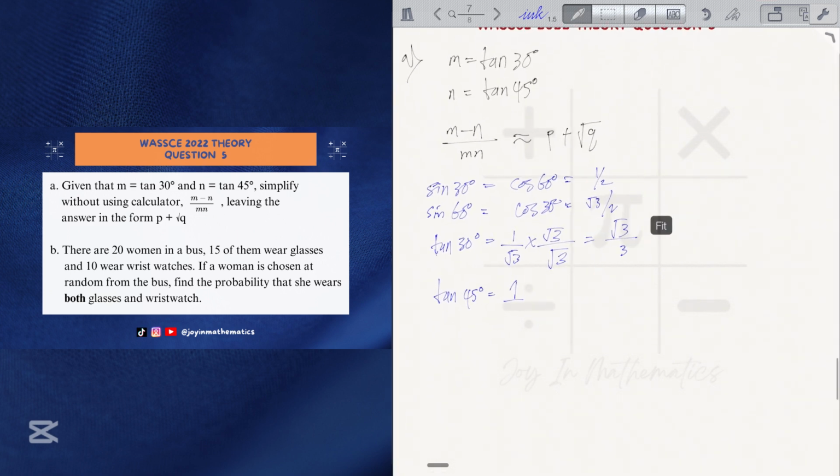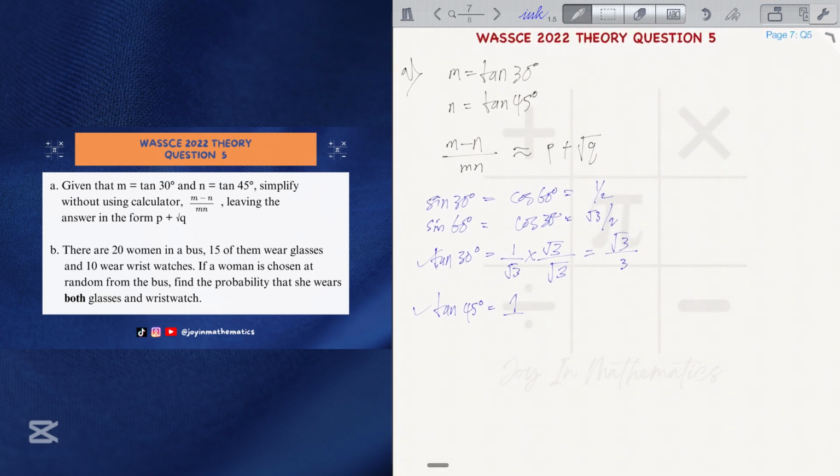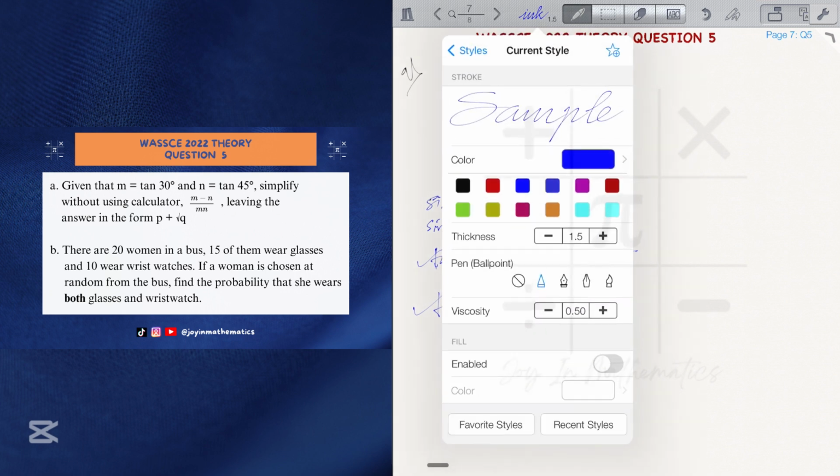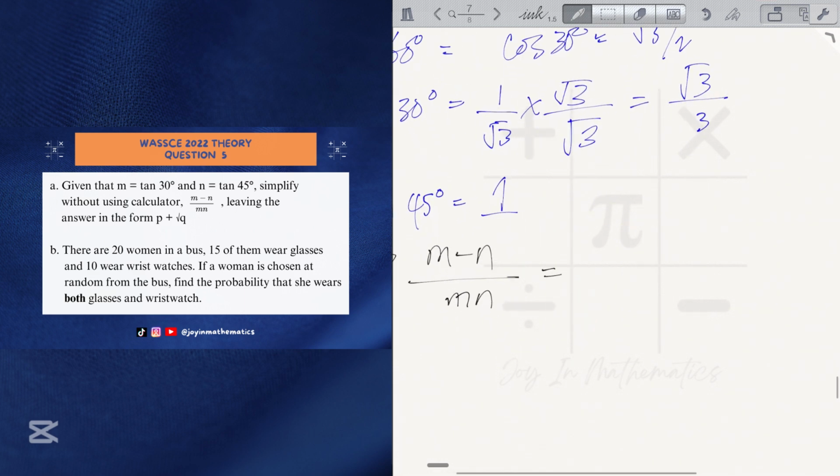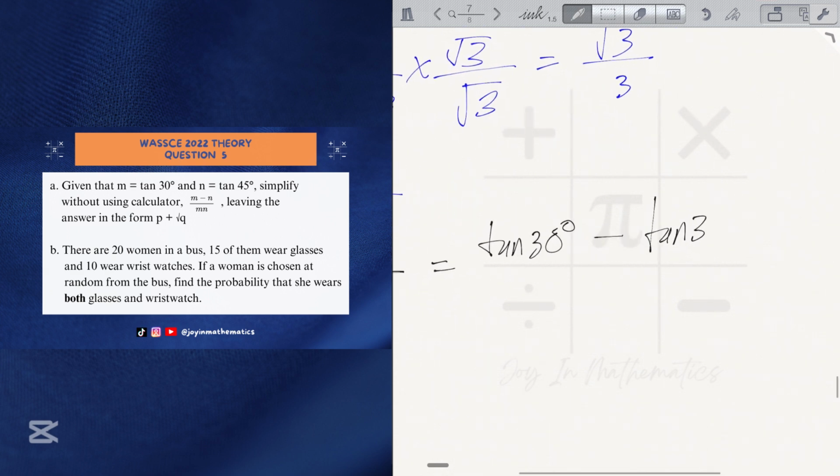Now let's apply this concept of tan 30 degrees and tan 45 degrees. So we'll go from the question to the answer. We're looking for M minus N divided by MN. M is equals to tan 30 degrees and N is equals to tan 45 degrees.